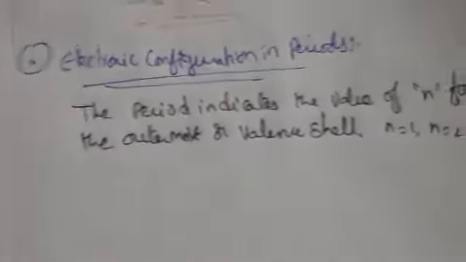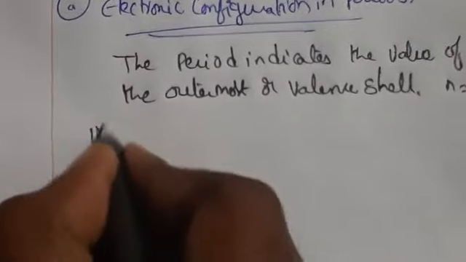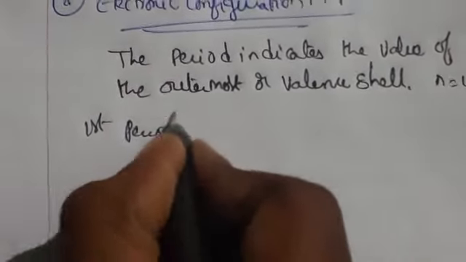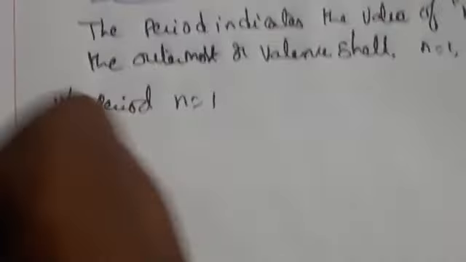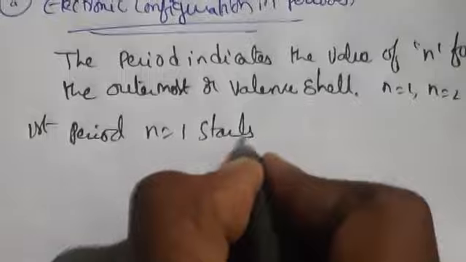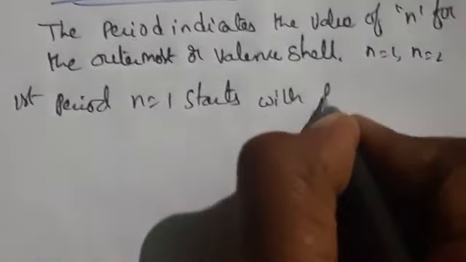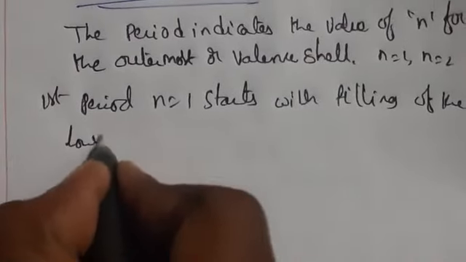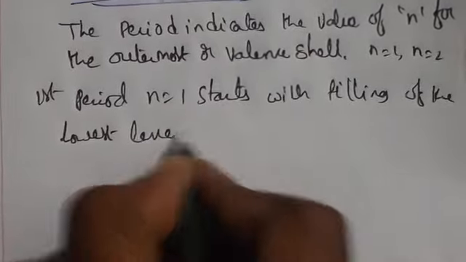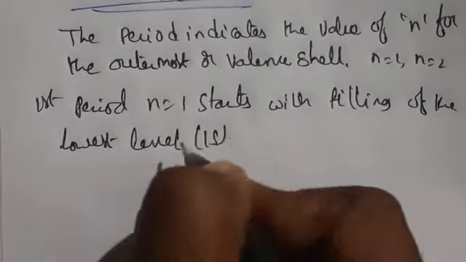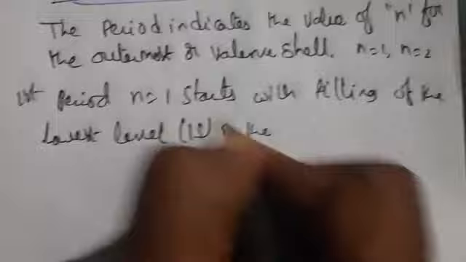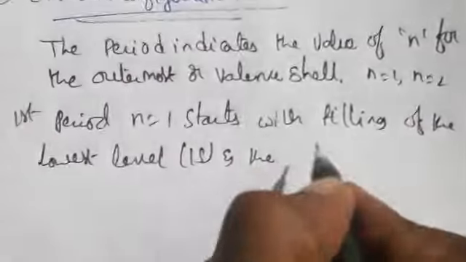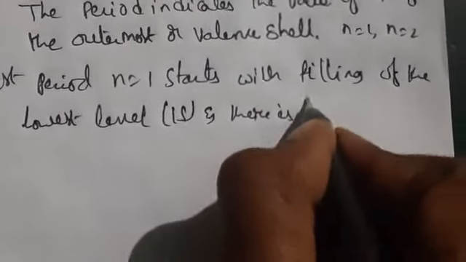Take the first period, n equals 1. It starts with the filling of the lowest level, 1s, and it has two elements.